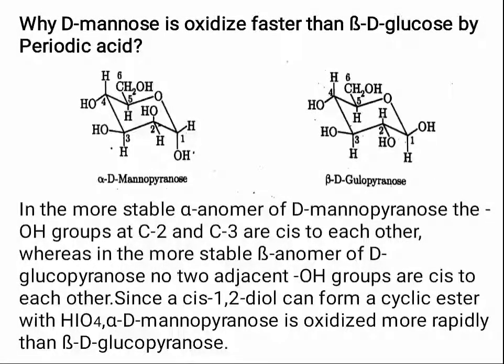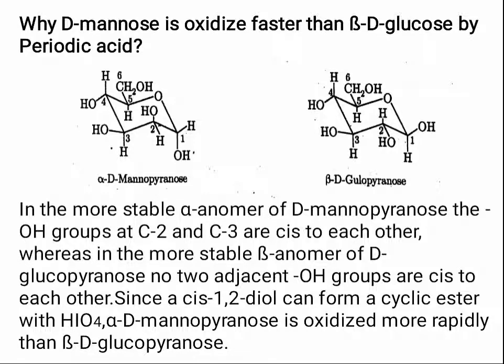Why is D-mannose oxidized faster than beta-D-glucose by periodic acid? So D-mannose is oxidized faster by the periodic acid than beta-D-glucose. What is the reason behind it? In the more stable alpha anomer of D-mannopyranose, the OH groups at C2 and C3 are cis to each other. So this OH, C2 and C3, they both are in the up position. This one is axial up and this one is equatorial up. So they are cis to each other.